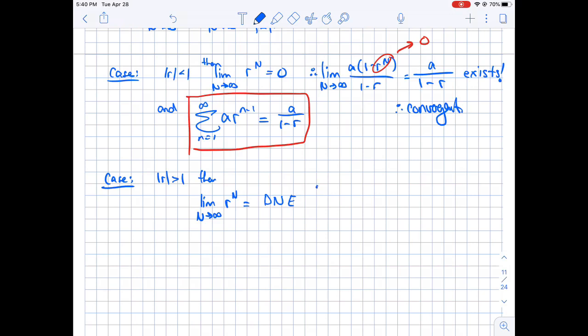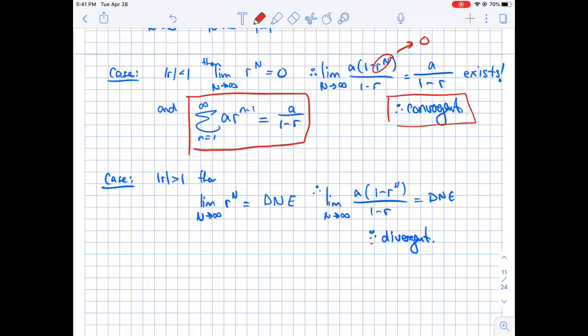And so what we would say is that our limit as capital N goes to infinity of a times 1 minus r to the n over 1 minus r, this limit itself is also not going to be existing, and that means that the entire series is going to be divergent when absolute value of r is larger than 1.